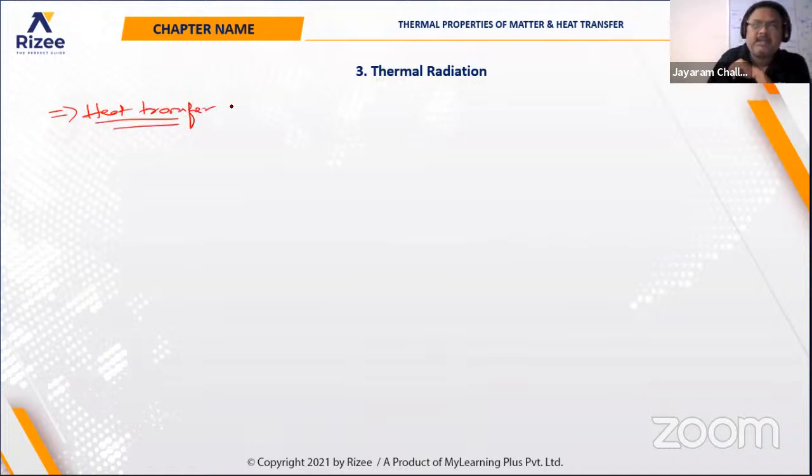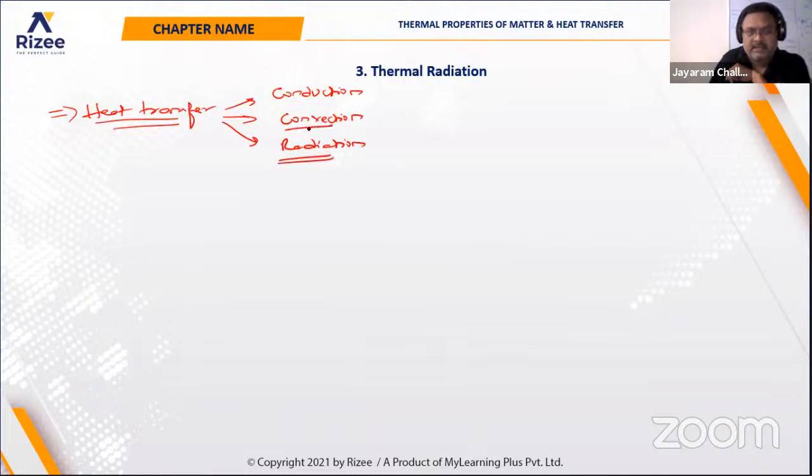Heat can be transferred in three different ways: one is conduction, the second is convection, and the third is radiation. So first I'll go for conduction.